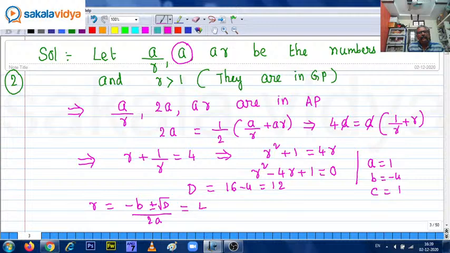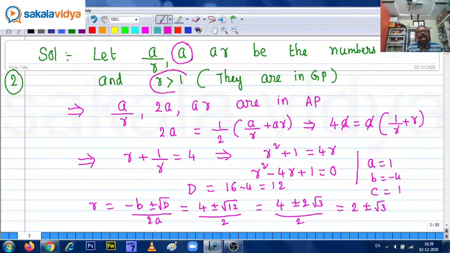So 4 plus or minus root 12 upon 2, that is 4 plus or minus 2 root 3 upon 2, which is 2 plus or minus root 3.